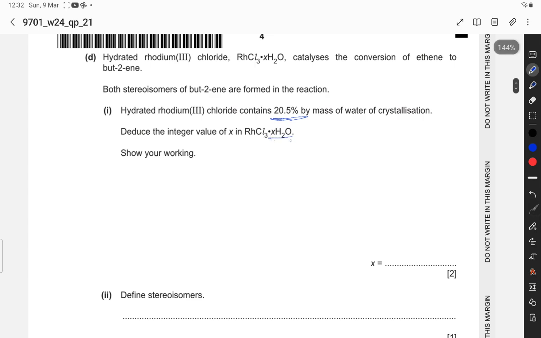So we have to find x, the number of water molecules, and we know that rhodium 3-chloride is RhCl3 and water. So water mass is 20.5, and because it is percent, we subtract 20.5 from 100, we get 79.5. It means rhodium 3-chloride has 79.5 mass.